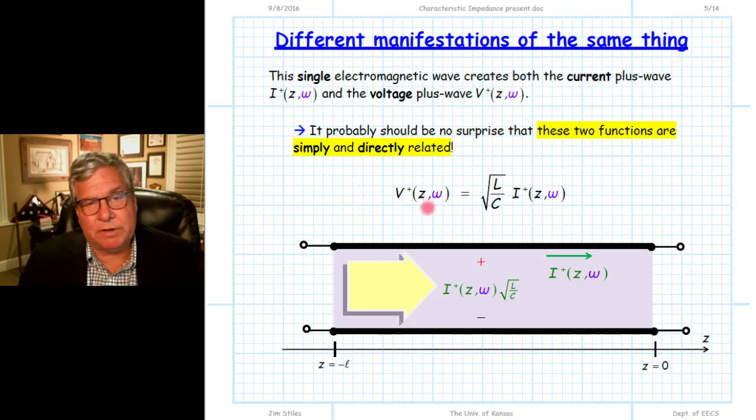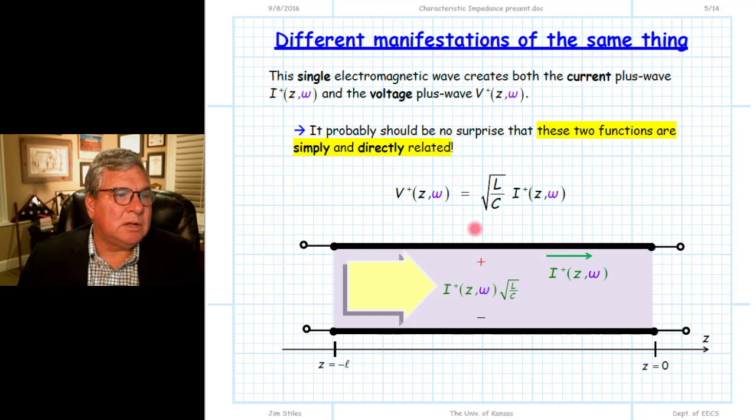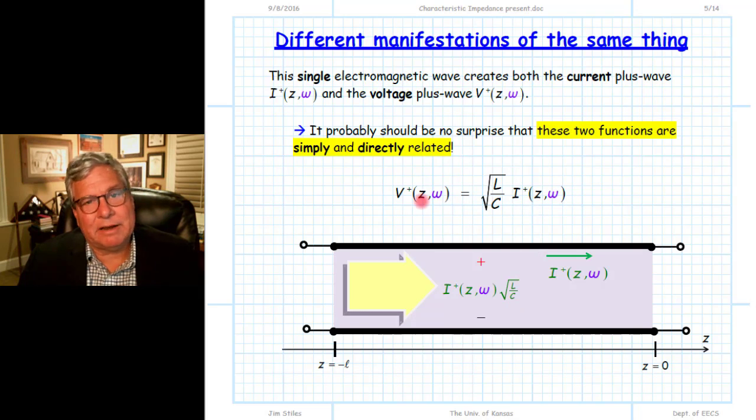If we know one of the two functions, we can determine the other immediately if we know the square root of L over C. And so one way to write this is that we can write the plus wave voltage function as simply the current function times the square root of L over C. Of course, we could also write the current function as the voltage function divided by the square root of L over C. So there's a simple relationship, and again, we alluded to this earlier.